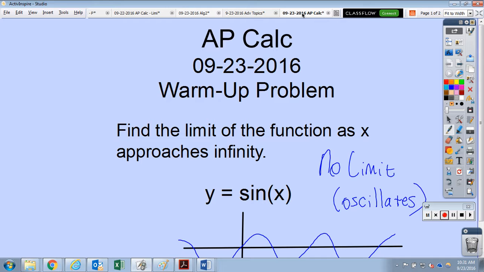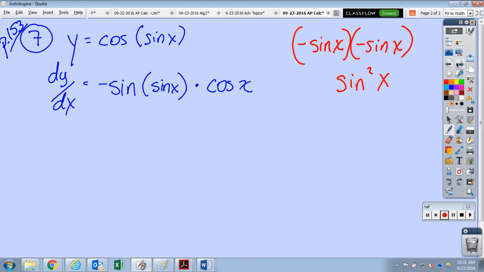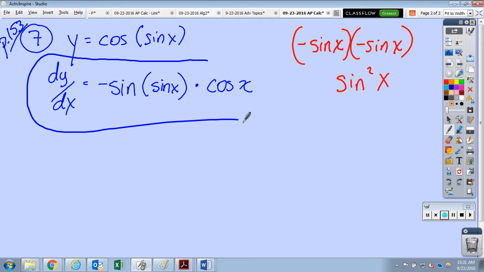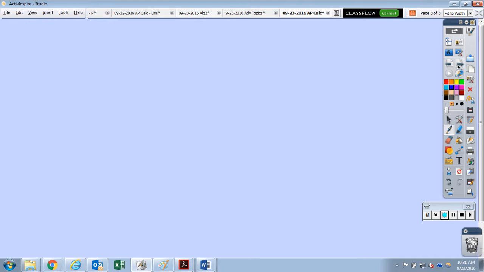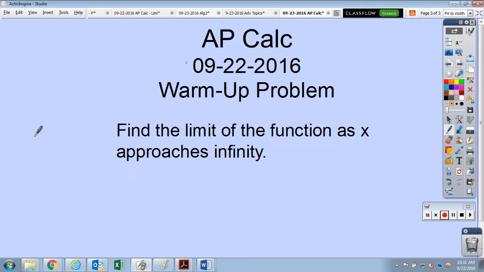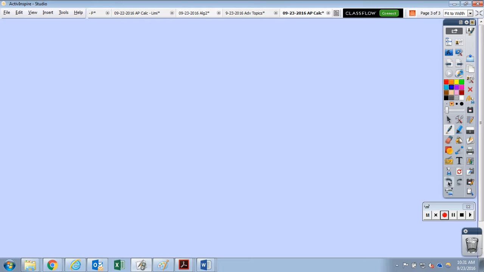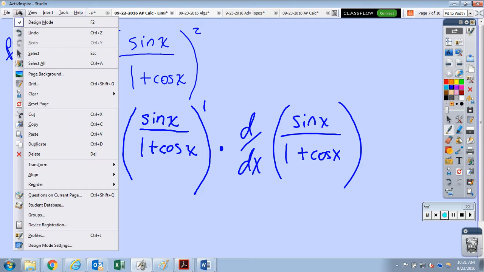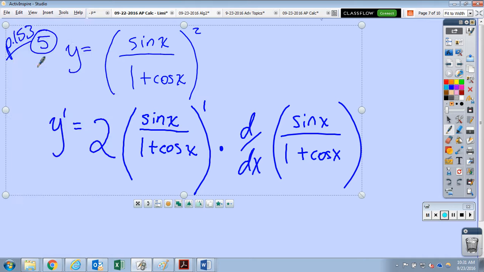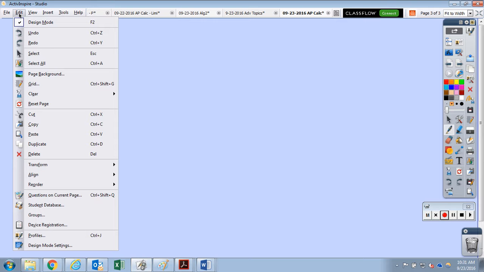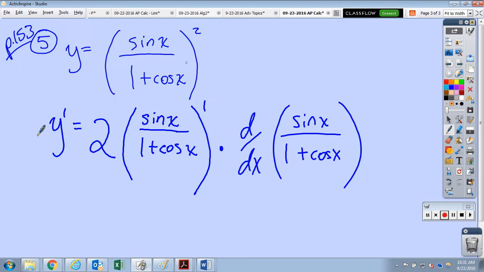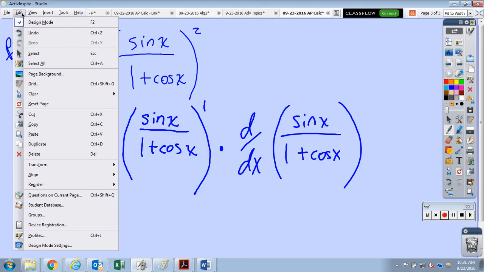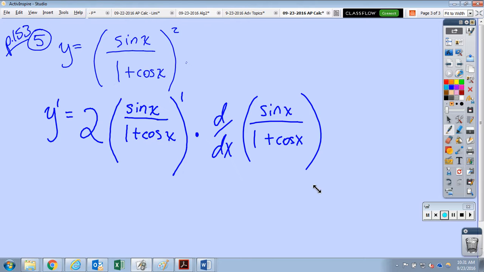Because I think, if I remember correctly, it's simplified down pretty well. Oh, what did I do? I didn't copy it. Let's try again. Edit, select all. Edit, copy. No. Here we go.